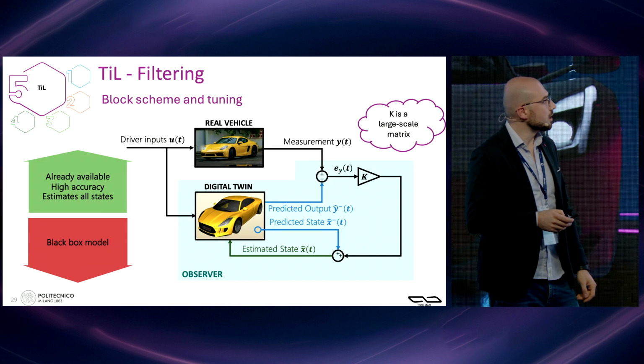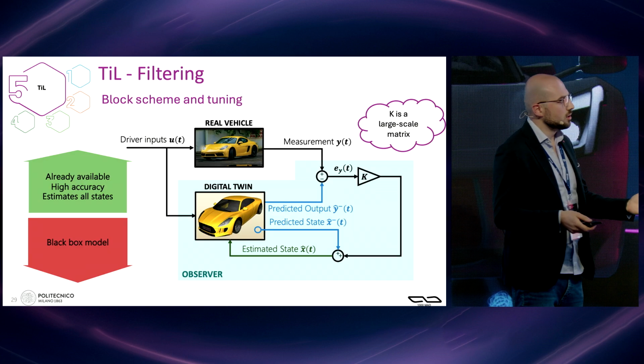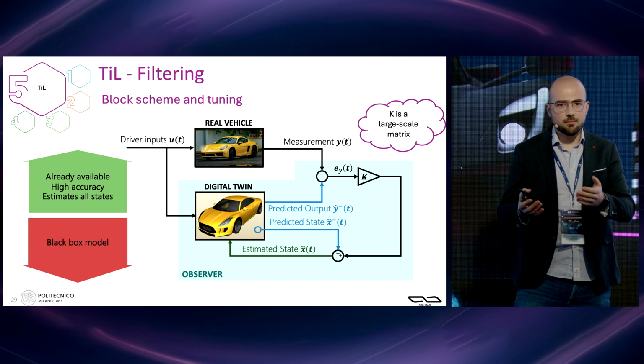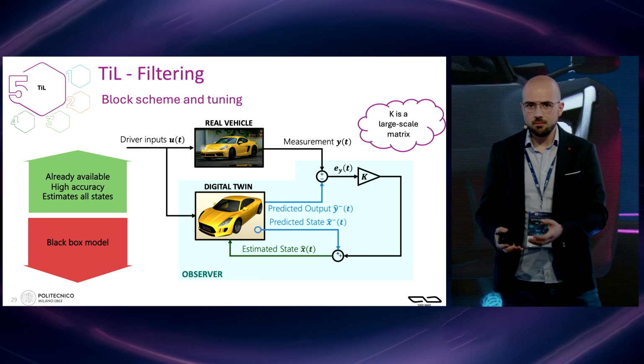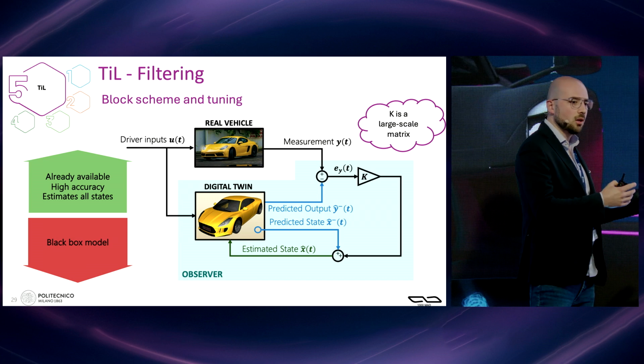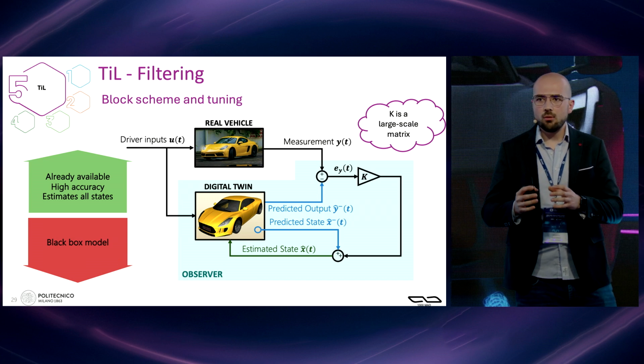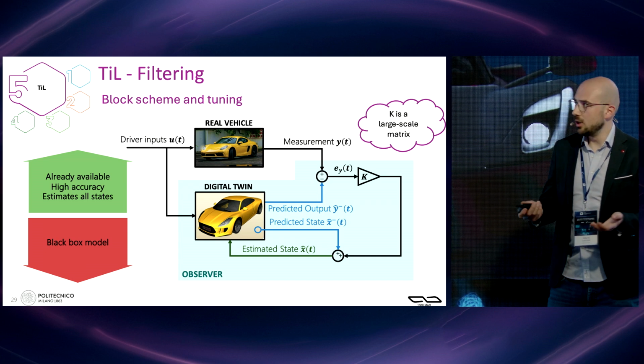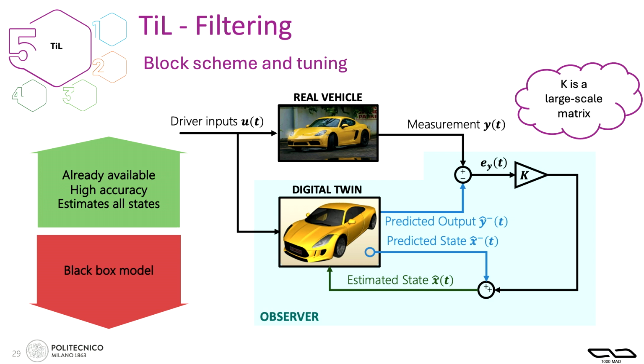So the filtering has these advantages. It's already available, because when you build a vehicle, or today when we create a virtual prototype for building a vehicle, you already have the digital twin. And with this digital twin, you are ready. You already have all the information about your vehicle. It has high accuracy because it's a very complex model that has all the states necessary to define the dynamics of the vehicle, and of course it can estimate all the states because you know exactly each part of your vehicle.